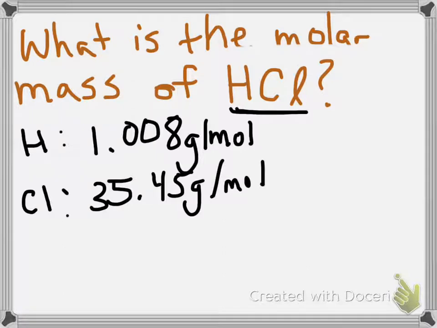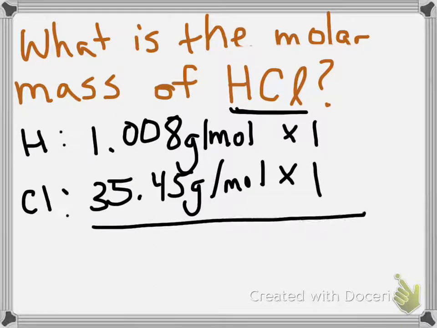Since we have 1 atom of hydrogen, we multiply the mass by 1, and we have 1 atom of chlorine, so we can multiply chlorine's mass by 1 as well, and then we just add these totals together. So we would get 36.46 grams per mole.